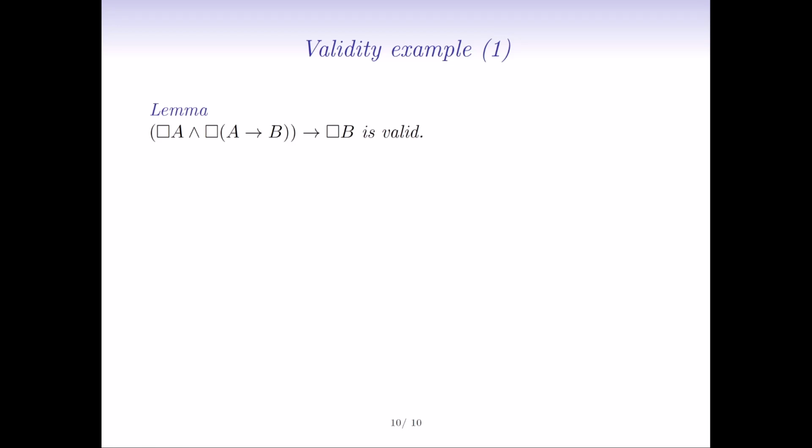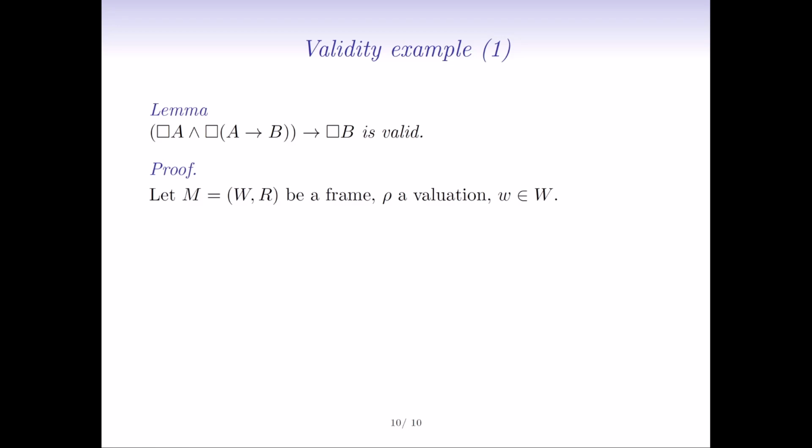Now, I think even from that statement, at least about accessible worlds, you get an idea for why it might be true. Let's see how one would construct a proper mathematical proof of that fact. If we want to show that a formula is valid, it has to be valid in all frames.